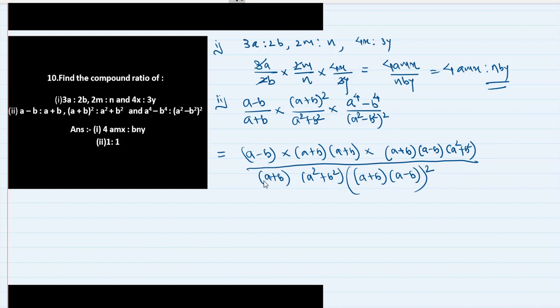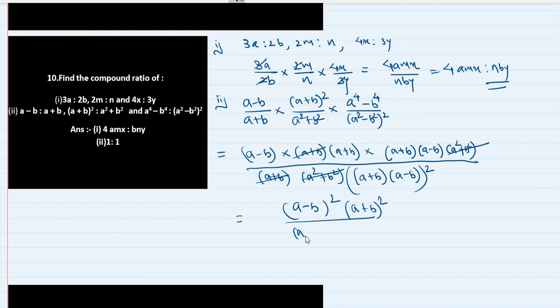Okay, so a plus b gets cut. A square plus b square gets cut from both the sides. We are left with, okay, for simplification we need a minus b, which is twice, so that becomes the whole square, and we have a plus b in the numerator, again whole square.